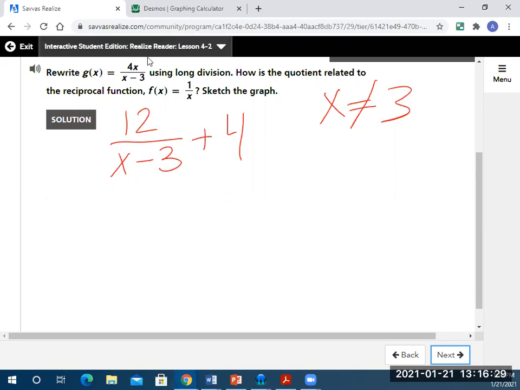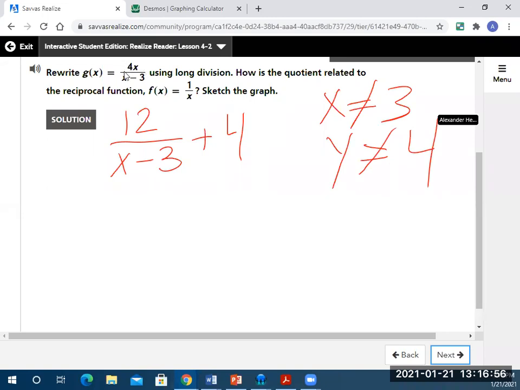So if we wanted to get our range from this original function, 4x over x minus 3, what you would do is you would do your leading coefficient in your numerator divided by your leading coefficient in your denominator. So what's my leading coefficient in my numerator? 4. And what's my leading coefficient in my denominator? 1, right? So what's 4 divided by 1? 4, right? So your range is y does not equal 4.